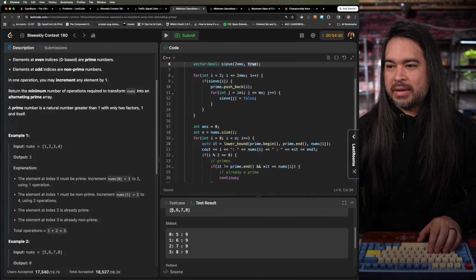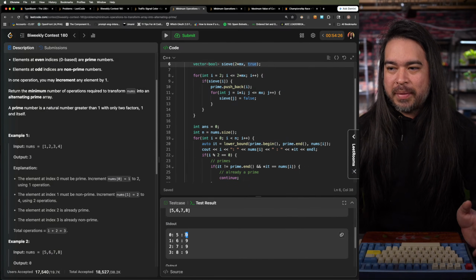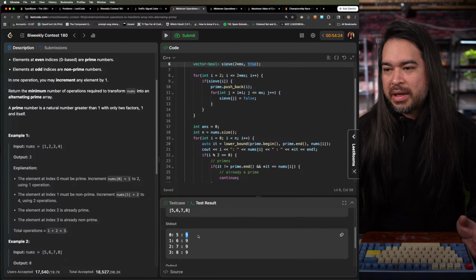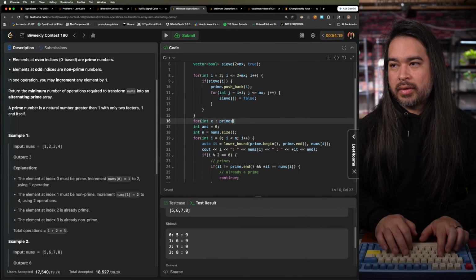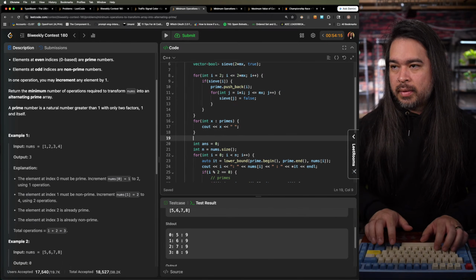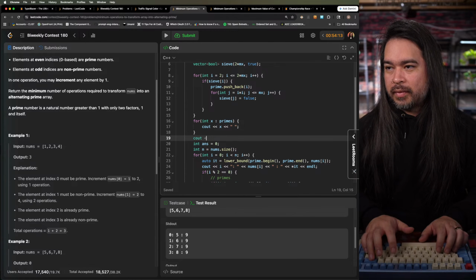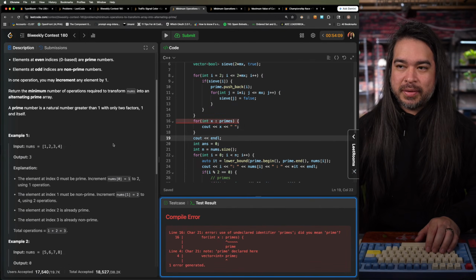So numsI is 9. Isn't 5 a prime number, man? Why wouldn't 5 pop up right here? Embarrassing how terrible I am at prime numbers.